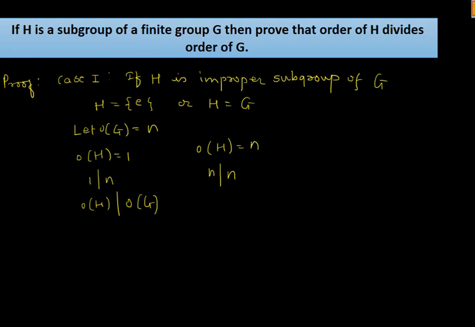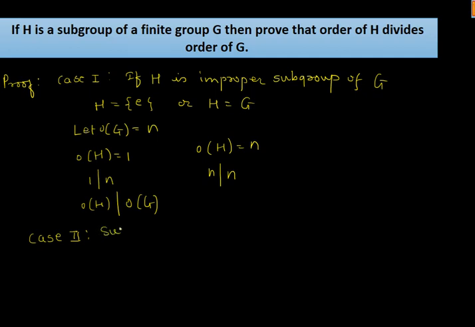But the interesting thing is we want to show that this theorem is also true for proper subgroups. So now I'm considering case number 2, and in this case I'm supposing that H is a proper subgroup.